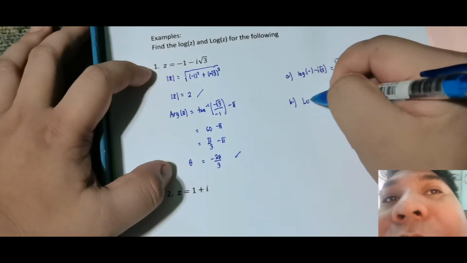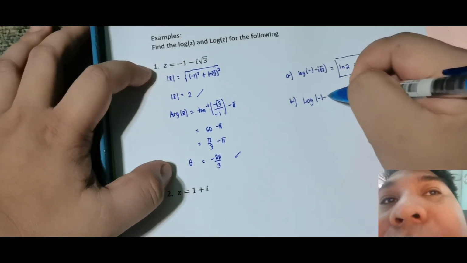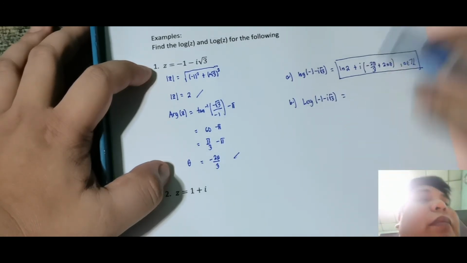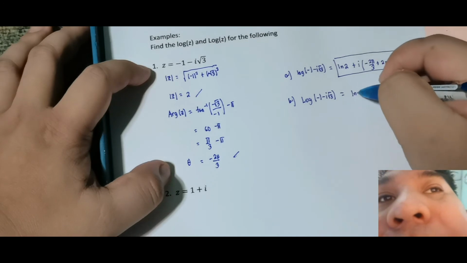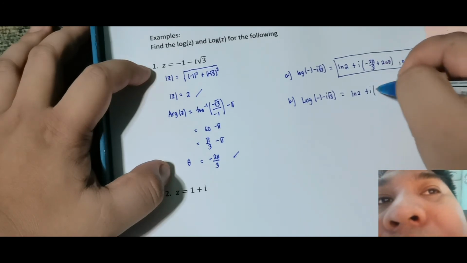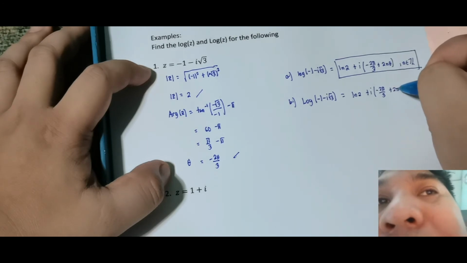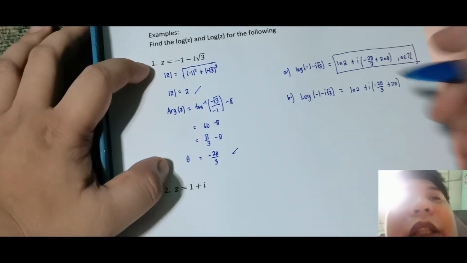The principal logarithm of negative 1 minus I square root of 3 is just, ililet ko lang to na 1. Okay, so this is ln of 2 plus I negative 2 pi over 3 plus 2 pi yan. Okay, then wala na yung n element of integers.